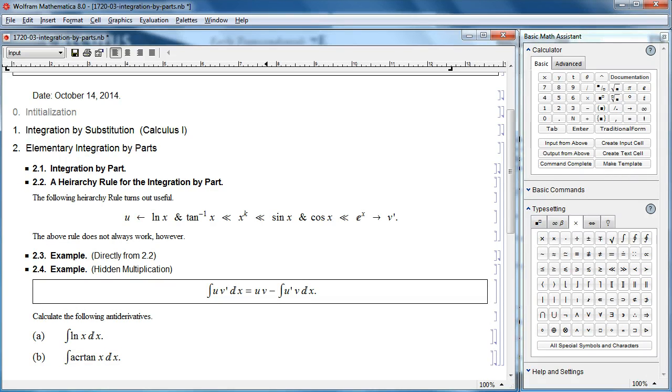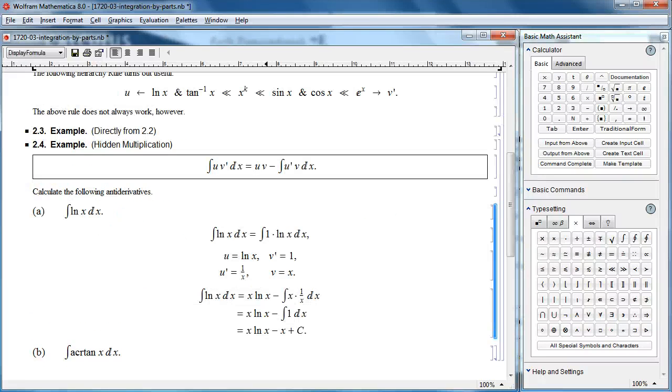But the product is hidden. Actually, log of x is nothing more than 1 times log of x, as we see over here. And 1 is actually a power function, x to the 0 power. So that is becoming v prime, and then the antiderivative is v, and log of x is u, so the derivative is 1 over x.